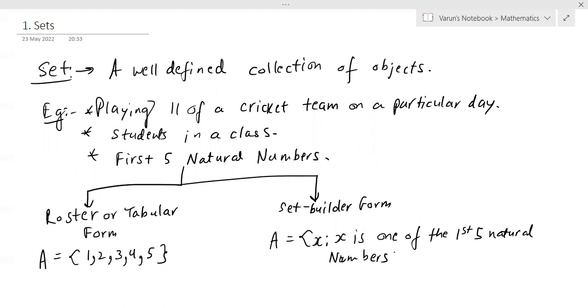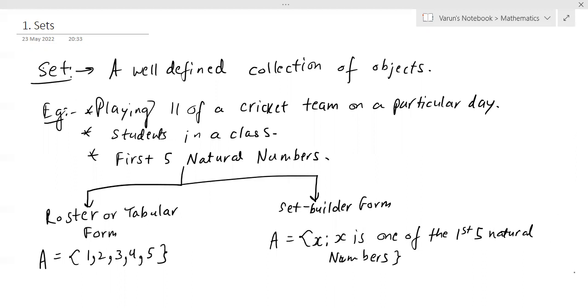You can define a set by directly tabulating all the elements of the set, or you can write the definition of an element in the set, and that will also define a set. Depending on what kind of set you are using, you can use either one. Sometimes the roster form is better, sometimes the set builder form is better, sometimes both are okay, right?